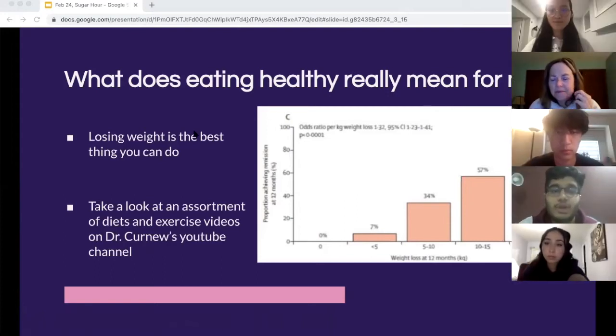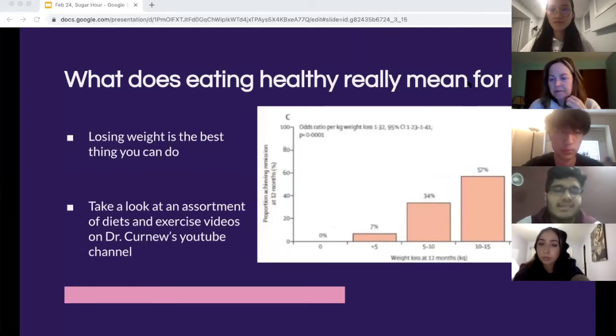What they learned was that if you lost 15 or more kilograms in the first 7 years after your onset of diabetes, the chance of putting your diabetes into remission was 86%. So 86% of the people that lost more than 15 kilos were able to get rid of their diabetes effectively.